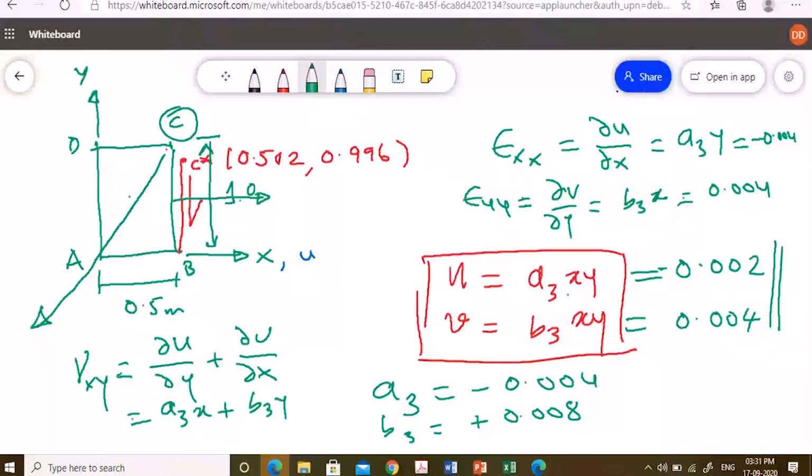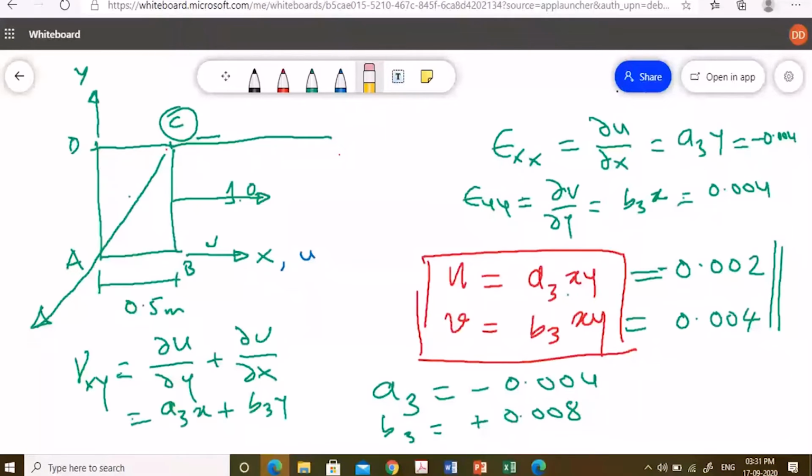At point C, the strain tensor along the CA line. Can anybody tell me what will be that, or how to find that out?